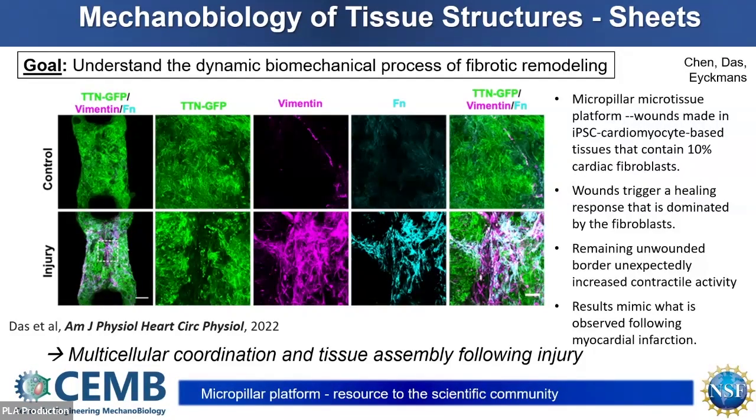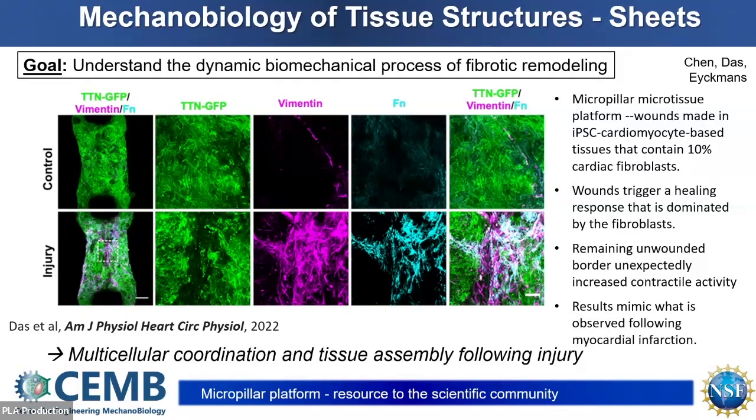And what was neat in this study is that he utilized about 10% of the population as fibroblasts amongst those cardiomyocytes. What they found after the wound creation, during healing, is that those fibroblasts really grew into large numbers, shown there on the bottom panel.